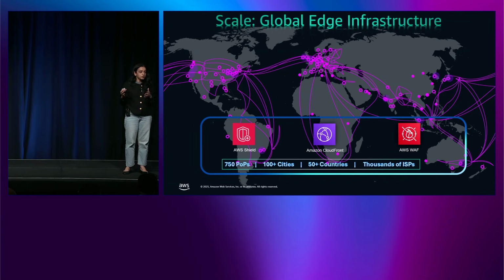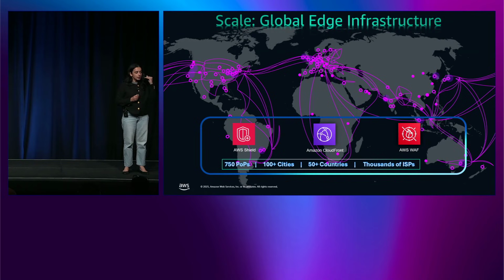These are racks of servers that are deployed across 750 different locations in 100 plus cities, in 50 plus countries. So this is a pretty widespread surface that can absorb incoming requests and diffuse them. So essentially, when there is a large volume of traffic that comes into CloudFront, one of the basic things that CloudFront does is spread the traffic across its edge POPs.